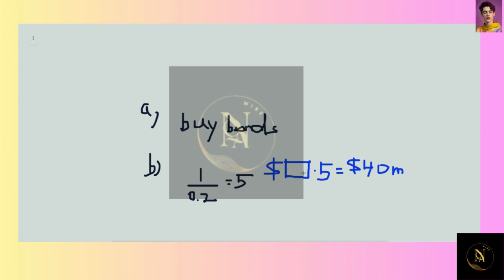So now we can fill in this blank. This is just $80 million. So the answer to question B is that the Fed needs to buy $80 million of bonds.